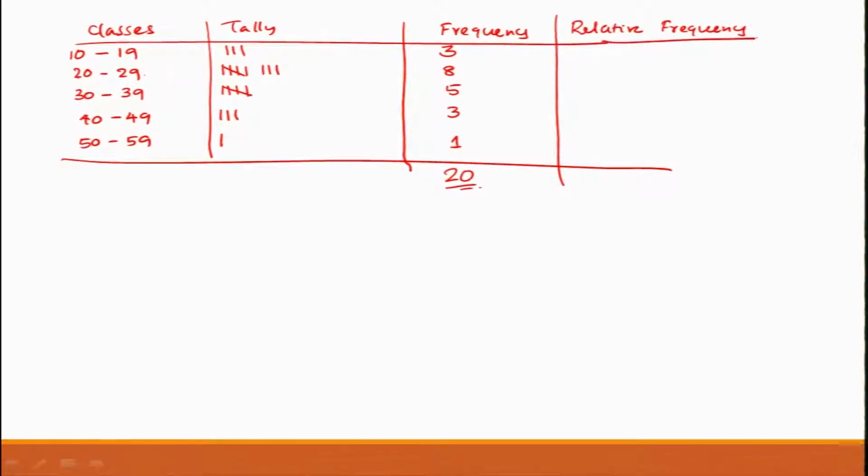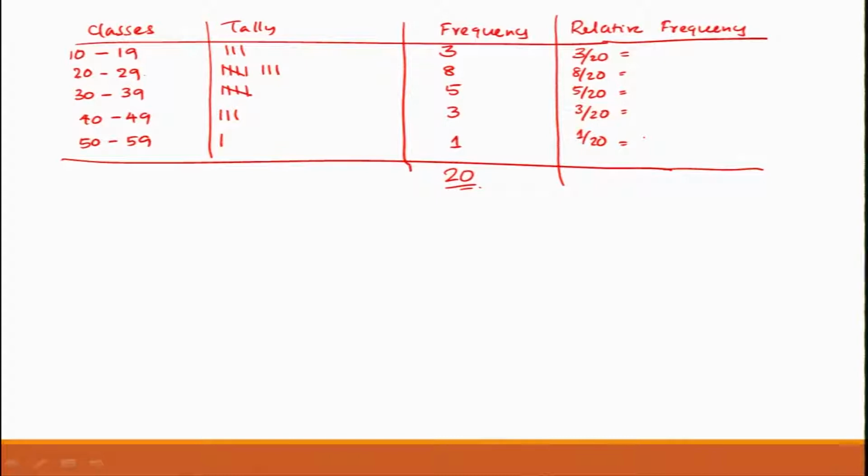Okay. And the relative frequency can be calculated by 3 out of 20, 8 out of 20, 5 out of 20, 3 out of 20, 1 out of 20 like this. These give you the individual relative frequencies, and then we were using a histogram to plot this.